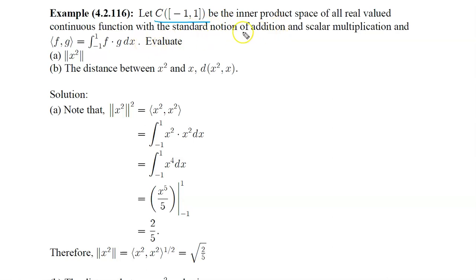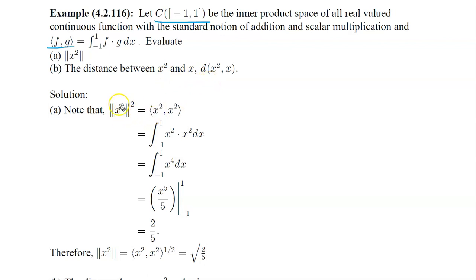And we are going to define the inner product like we did in a prior example: the inner product of f with g is the definite integral from -1 to 1 of f times g. And we verified before that this is indeed an inner product. We want to evaluate the norm of the function x squared, and then find the distance between x squared and x, those two functions.